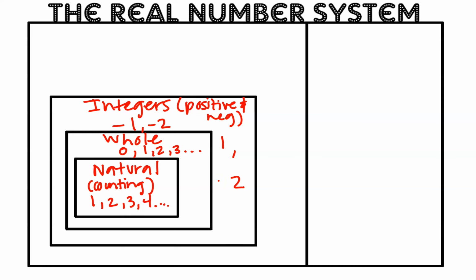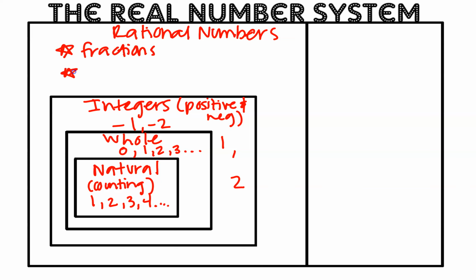All right. Now we have rational numbers. Rational numbers include all of these, the positive, the 0, the negatives, but this is where it does have fractions and decimals.